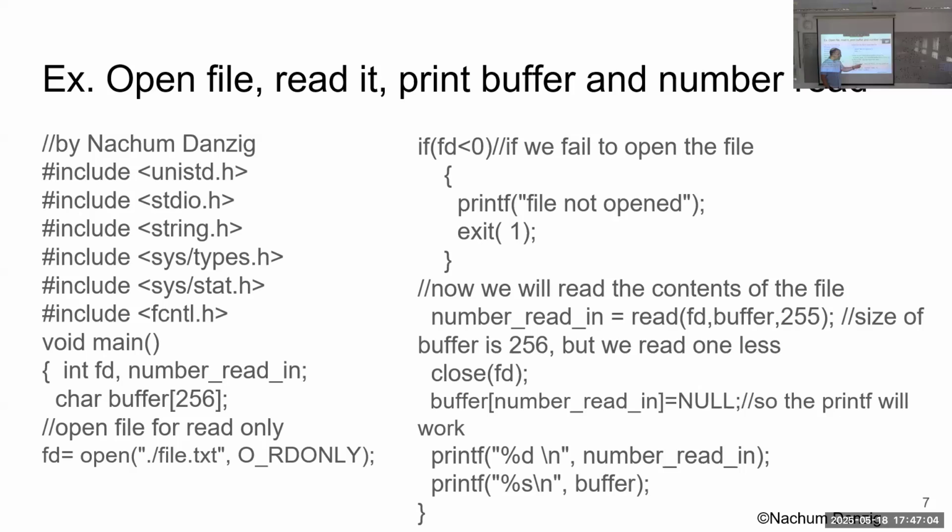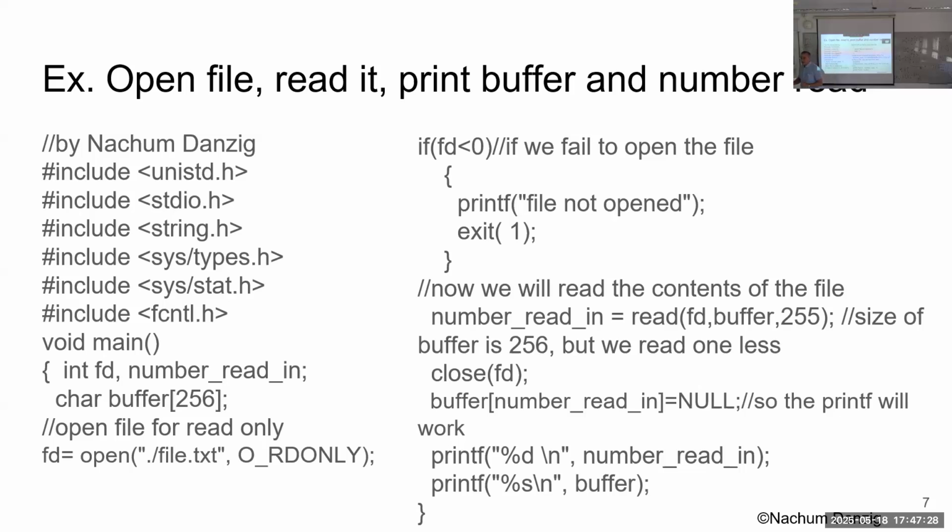And now I say in buffer at place number read in, remember, the number read in is, let's say, 10. So that means it read 10 characters. So at location 10 in the array, what's there? Garbage. Garbage is there because the 10 characters that I read are in 0 through 9. But I don't want there to be garbage. I want there to be a null so that the printf will work, because printf prints just like cout.